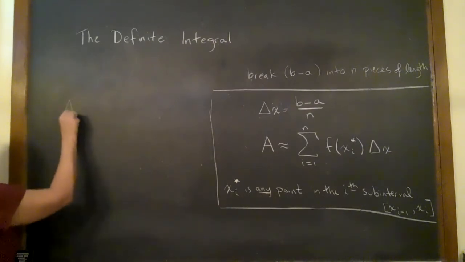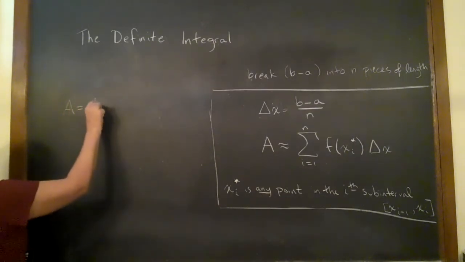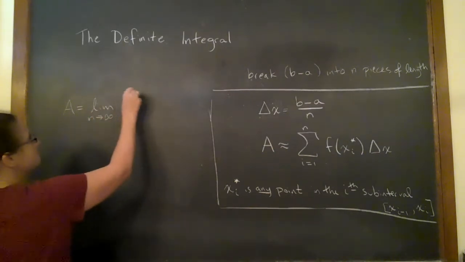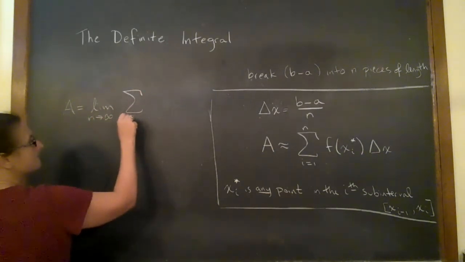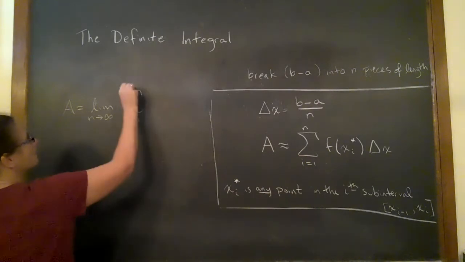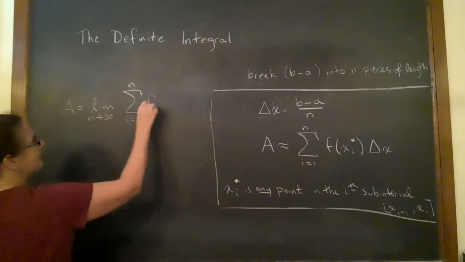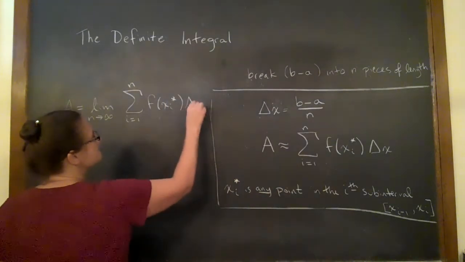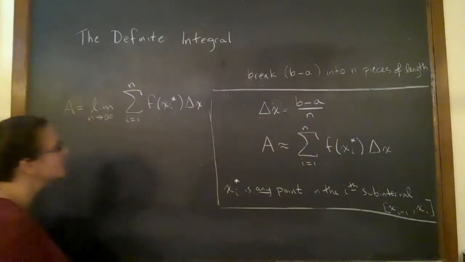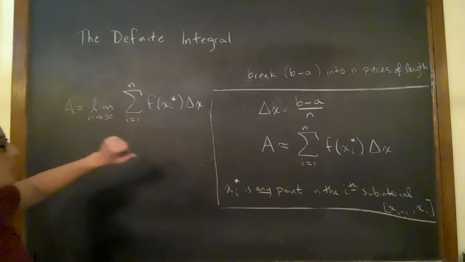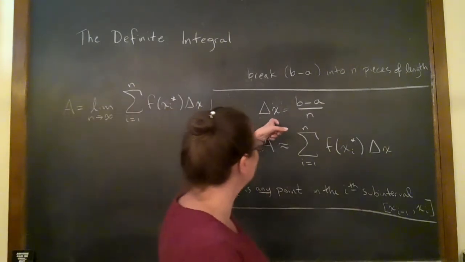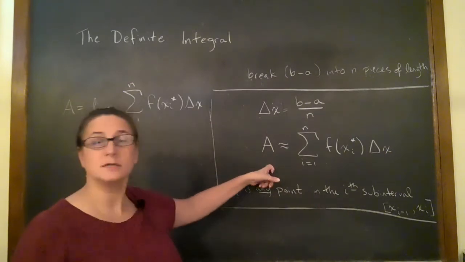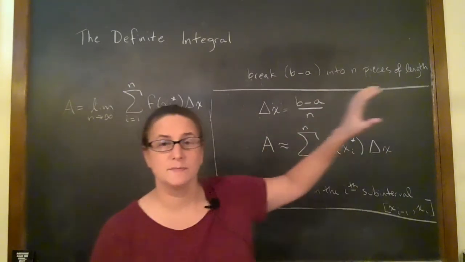So I'm going to do area is the limit as n goes to infinity of this guy. Okay? So as n goes to infinity, delta x goes to 0, and my approximate area approaches my actual area.